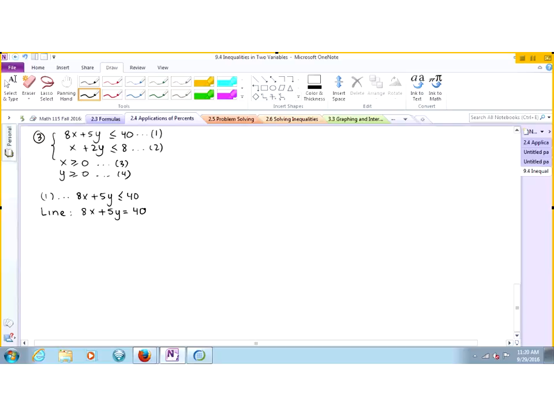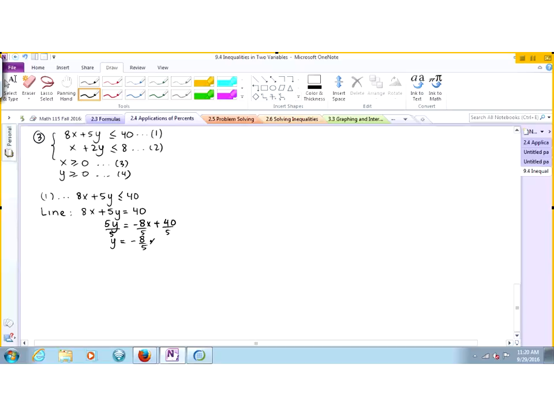So there are a few ways of doing this. You could solve for y and then use the slope intercept, or you could graph using intercepts. So which one do you want? Solve for y? Okay. So 5y is negative 8x plus 40. And then divide by 5.